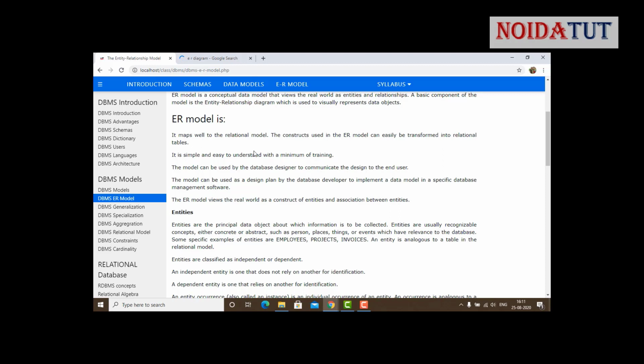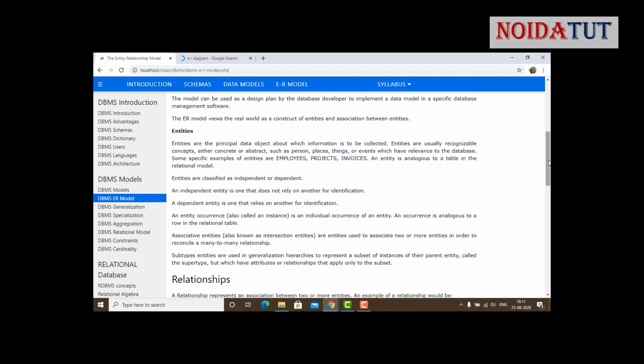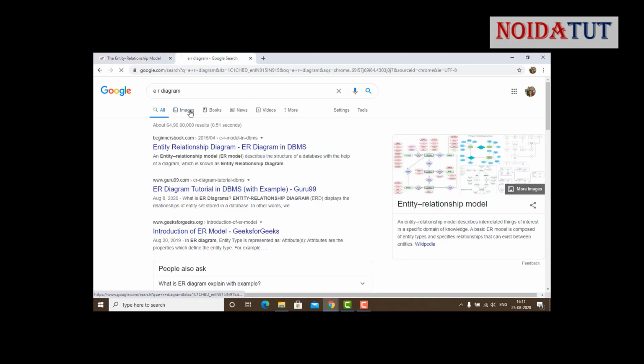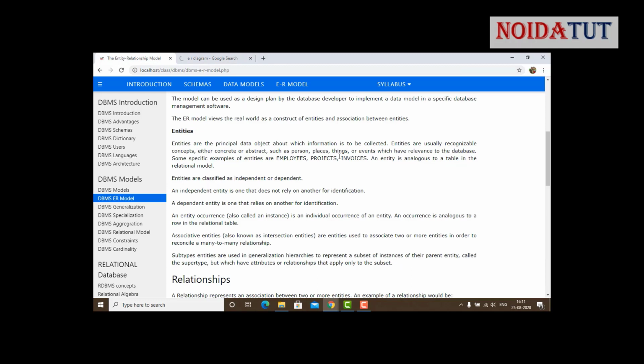Now, entities are the principal data objects about which information can be collected. Entities are usually recognizable concepts, either concrete or abstract, such as persons, places, things, or events which have relevance to the database.